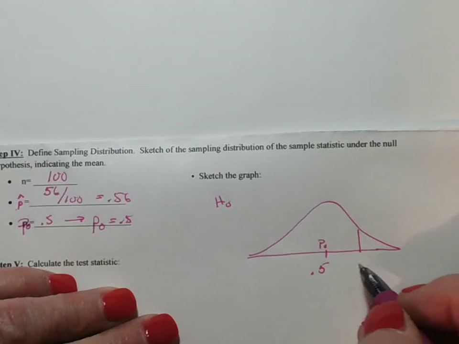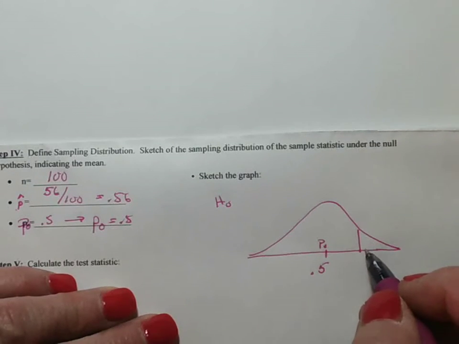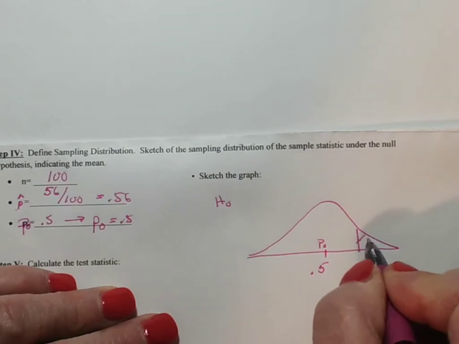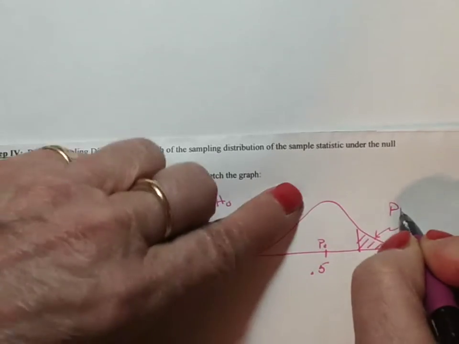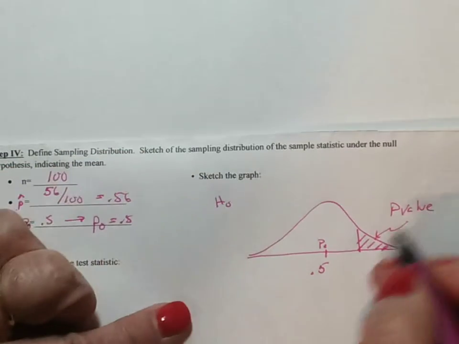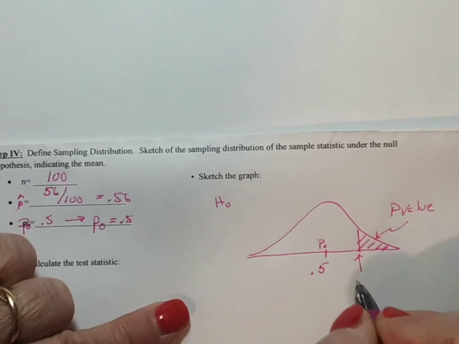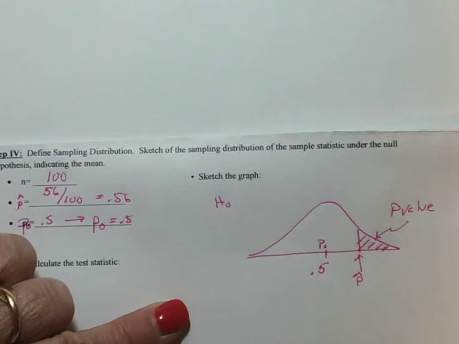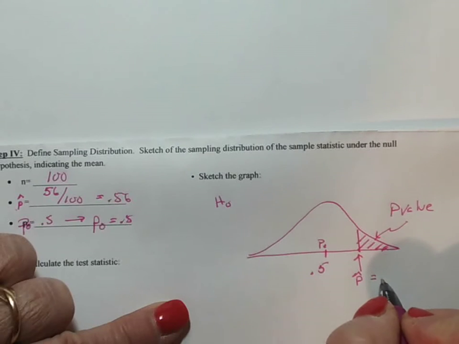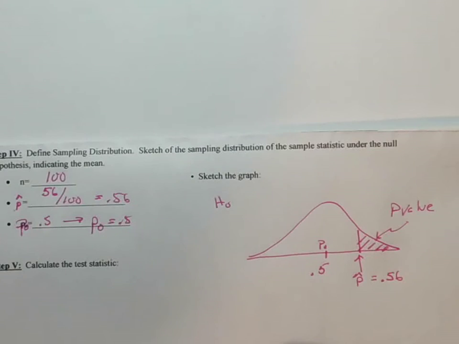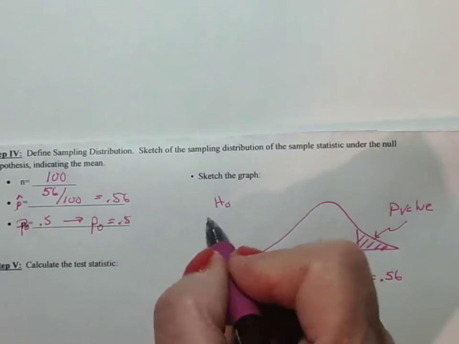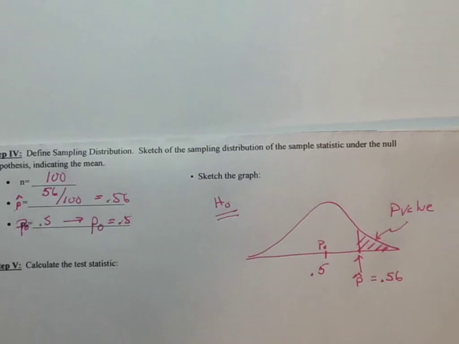Remember that we hope that we're going to find convincing evidence that Jack will win. So this area right here, we're going to calculate the p-value. And our evidence is p hat, and that is equal to 0.56. So this is a good graph to always draw. It's simple for you to do. It proves to the AP reader you know what you're doing.